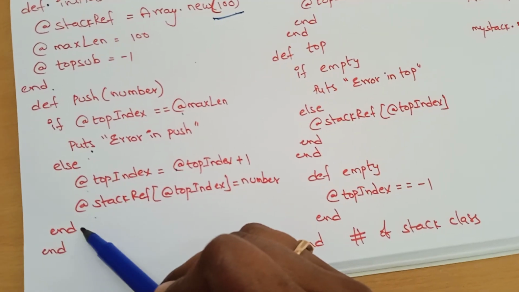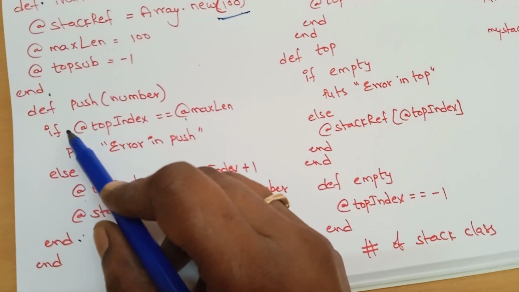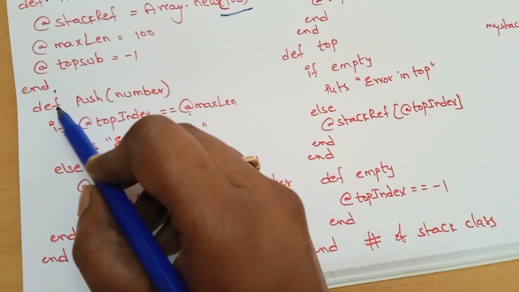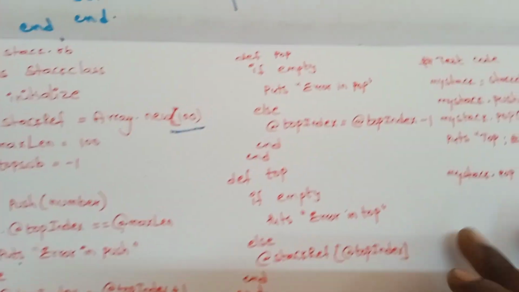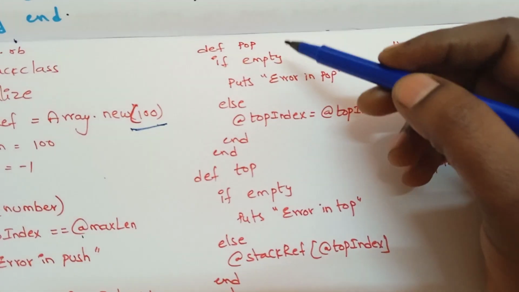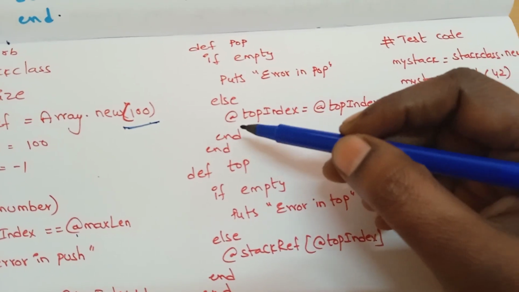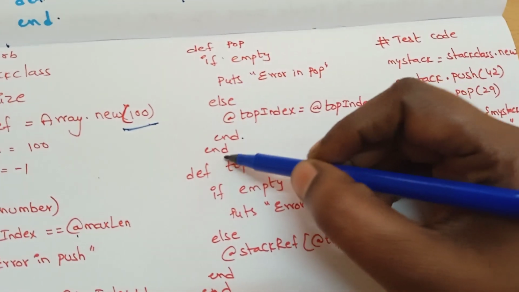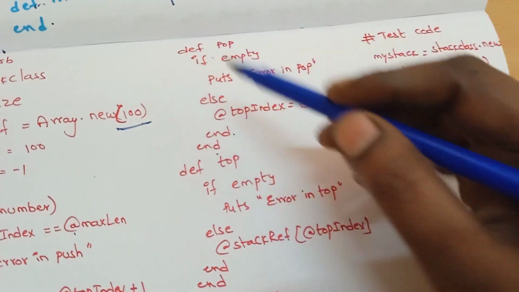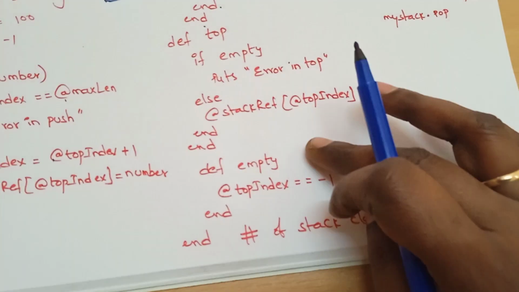This end is for the if condition, and this end is for this function. The pop function is also the same: if it is empty we'll print an error, in the else condition we pop. This end is for this if, and this end is for the definition of the pop function. And the same thing we've implemented for top.